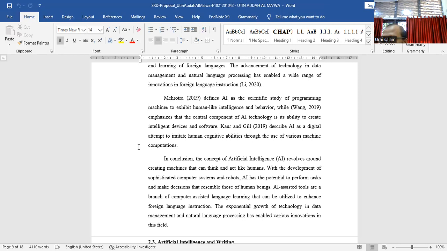AI applications start from the grammar checker, the spelling checker or something like that, and then develop into the paraphrasing tools.